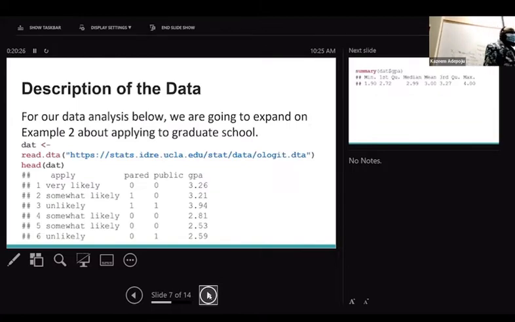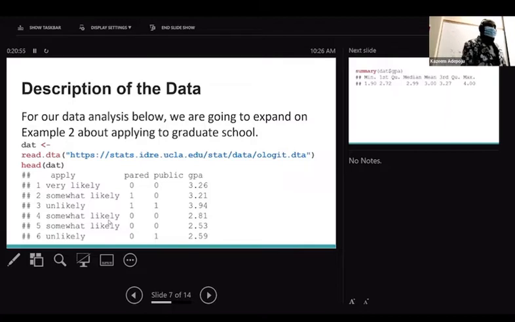This is a data set on college juniors applying to graduate school. I got that from the University of California, Los Angeles. And this is the first 6 rows in the data frame, where apply has 3 levels.